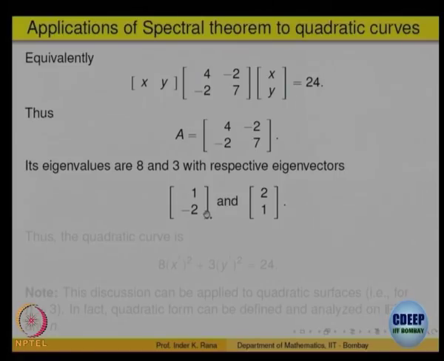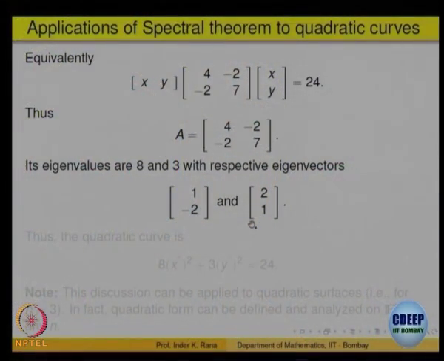Now, are they orthogonal? They are orthogonal, because for a real symmetric matrix, eigenvectors corresponding to distinct eigenvalues have to be orthogonal. So that seems fine. So what will be your curve? What is the transformed curve? Lambda 1 x dash square plus lambda 2 y dash square.